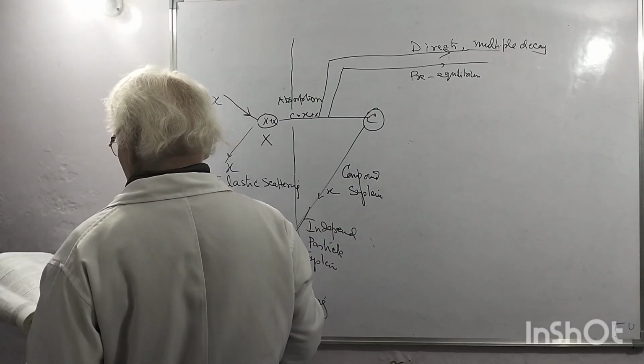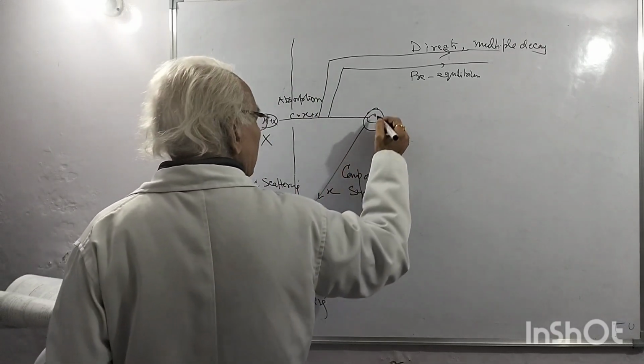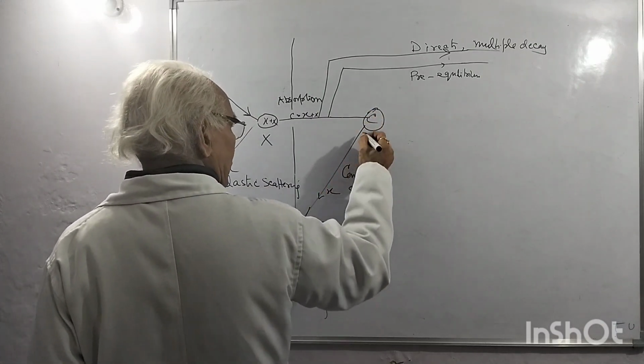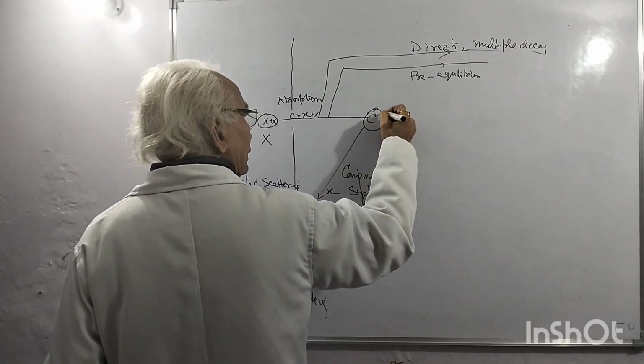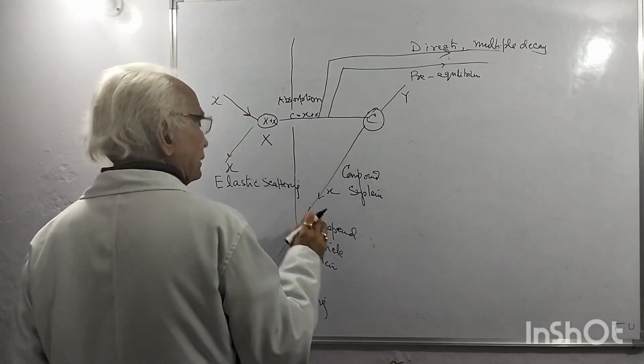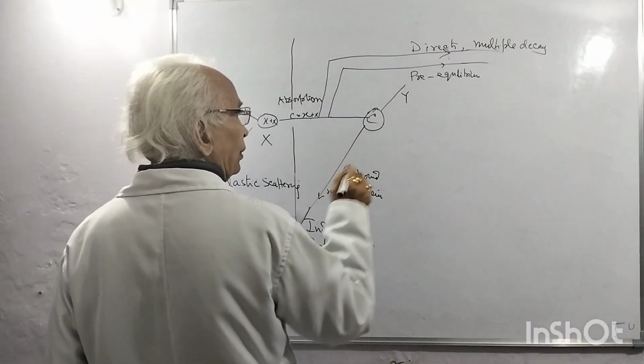And you can have the system formed, the compound nucleus system is formed. Here this X is coming out, and this maybe Y may be going like this. This is also elastic scattering, compound elastic.